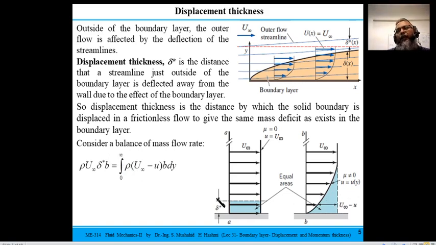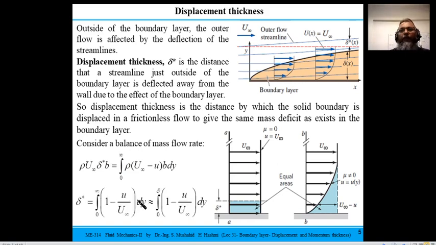So if this area equals the condition in which there is a uniform, so-called inviscid flow, then your velocity would be u infinity, density would be rho, and area would be width times that vertical distance, and here that vertical distance is called the displacement thickness.